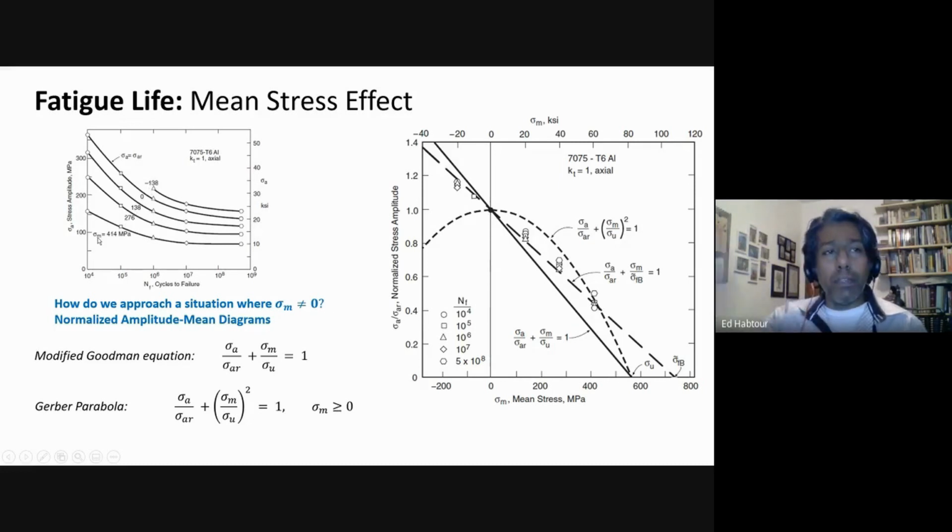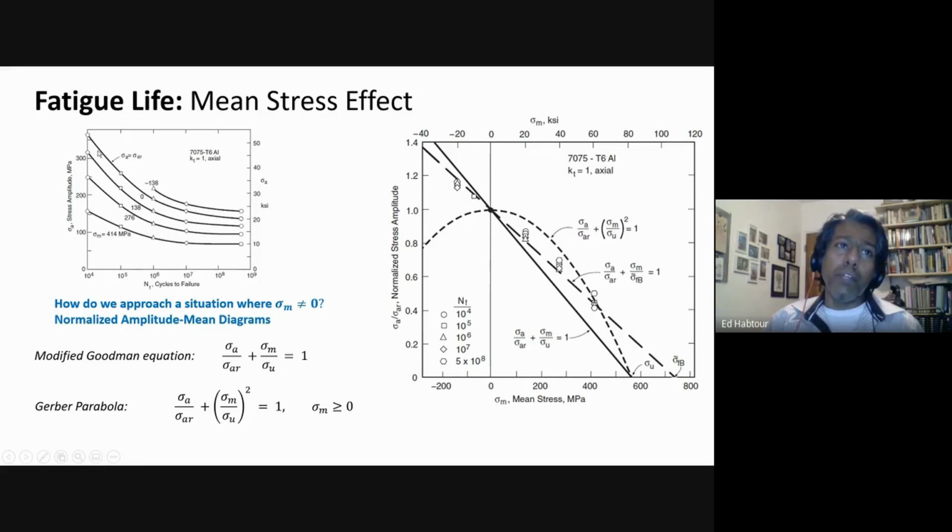Now we're talking about the mean not in the distribution of the samples, but the mean in terms of the amplitude, minimum to maximum. That also has an effect on the life of the sample, so you have to keep that in mind as well.